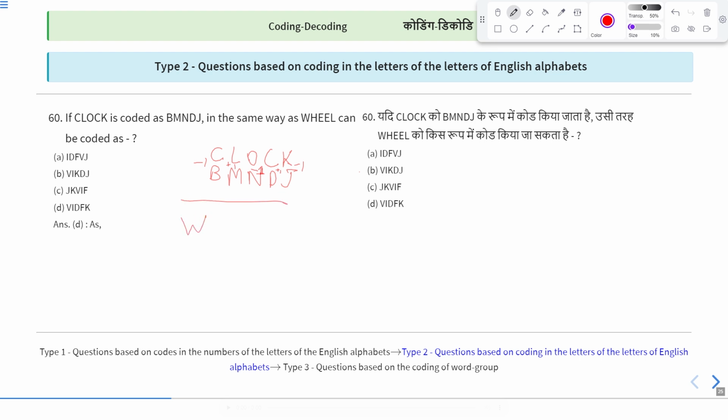Same way we will apply to P. W minus 1, which is V, H plus 1, I, E minus 1, D, E plus 1, F, L minus 1, M.